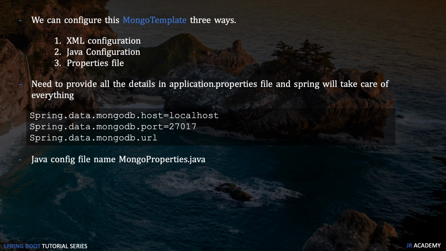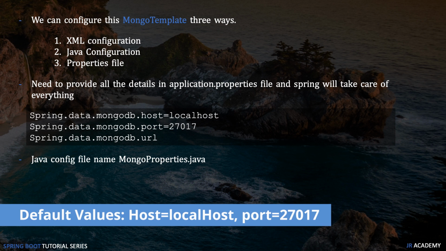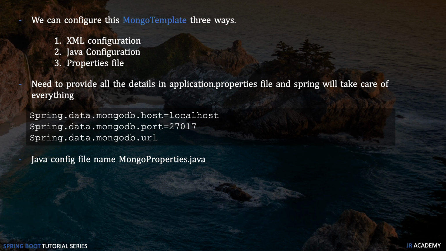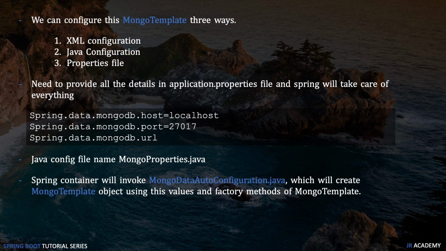It will take all the values from this class if we provide them. If we don't provide them, then it will take default values: localhost as the host and 27017 as the port. So this MongoProperties.java file will serve as a kind of configuration file, and at runtime our container will invoke the MongoDataAutoConfiguration.java file, and this file will create MongoTemplate objects using the factory method of the MongoTemplate.